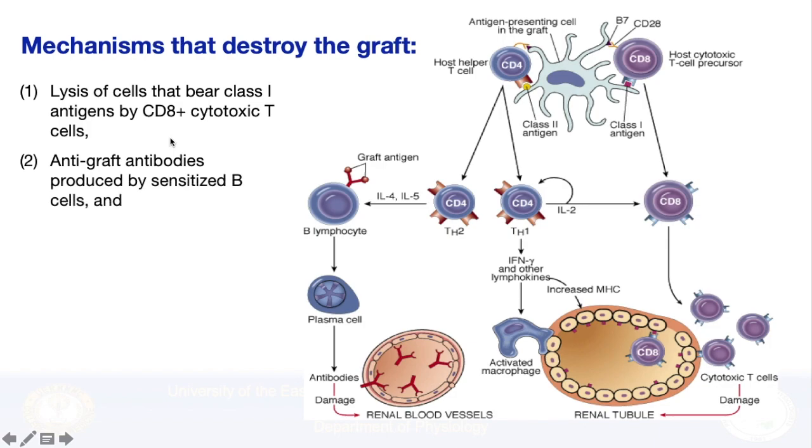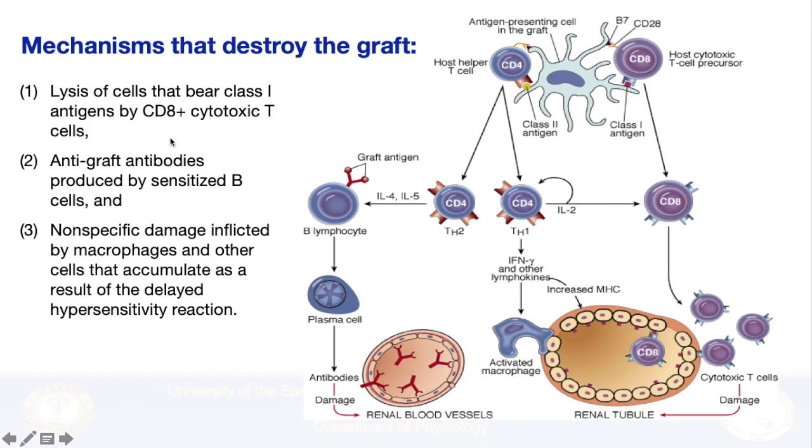Another is that there could be antibodies produced against this foreign tissue. And lastly, the innate immunity can also play a role, specifically the macrophages and other phagocytic cells. So take note, organ transplant rejection can be considered as a delayed type of hypersensitivity reaction, so type 4.